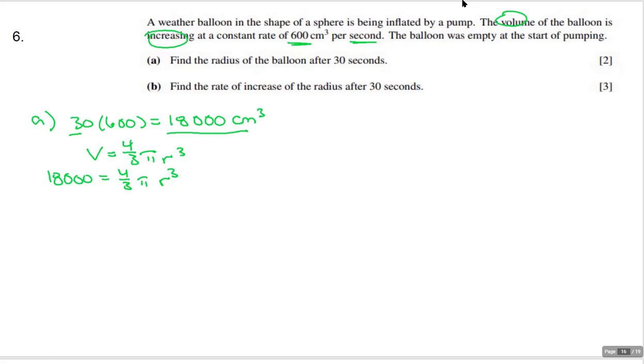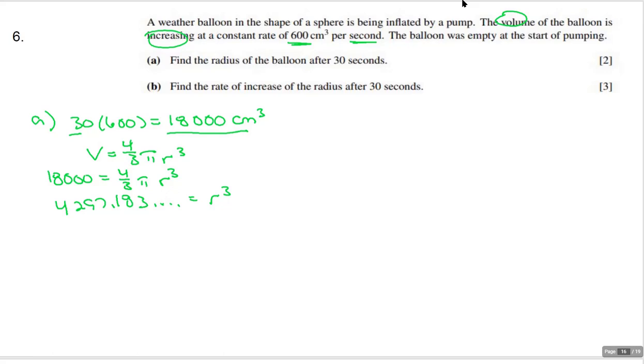Okay, so if you divide both sides, 18,000 by 4/3 pi, and then take the cube root of that number, you should get 4,297.183 and so on is equal to r to the third. What I would suggest then is leave this number in your calculator, and click the cube root button.